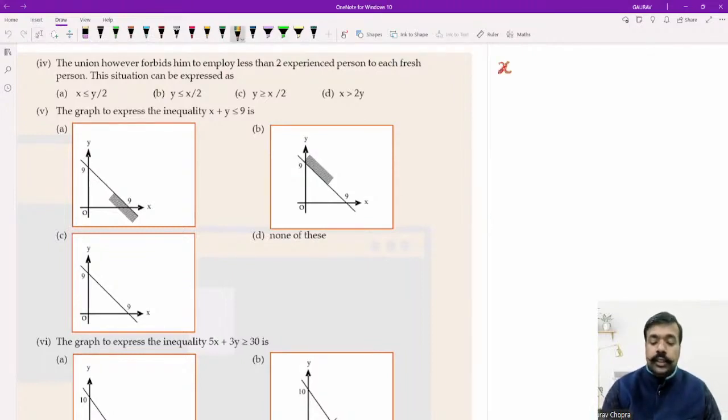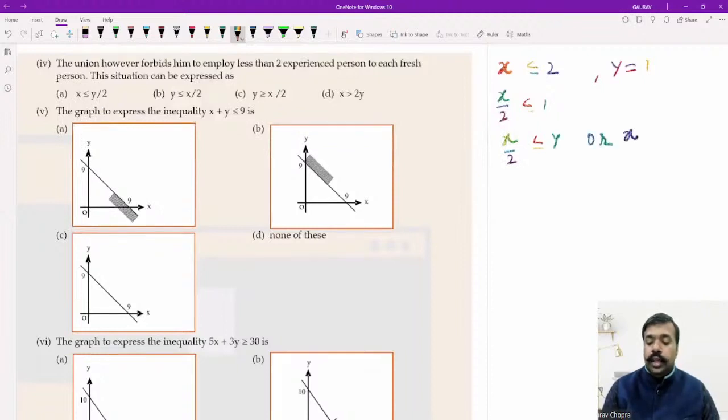So experience is X and it is less than 2, or less than or equal to 2. And for fresh person, that is Y. Y is equal to 1. So we can write X by 2 less than equal to 1. And in place of 1, again we can write Y. So it will be X less than equal to 2Y, or X by 2 is less than equal to Y.